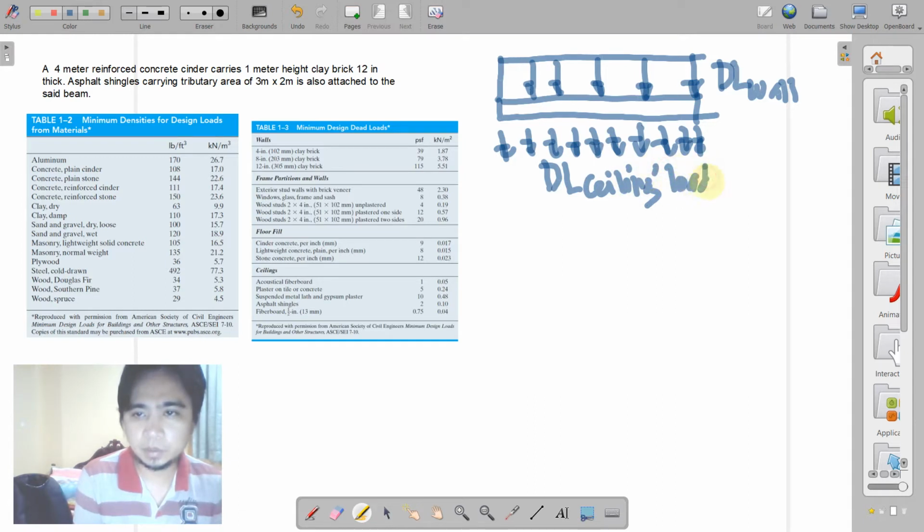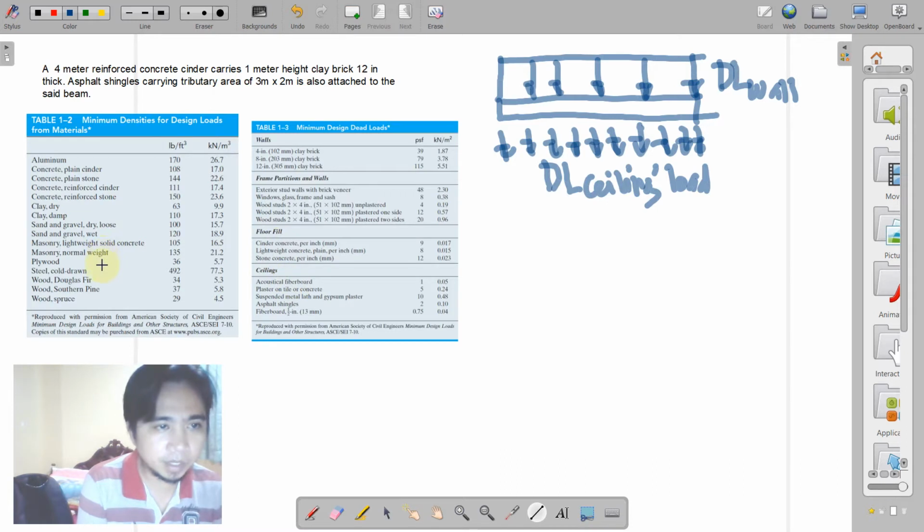So all we have to do is look into the table. First we will proceed to the clay brick. The clay brick in the table is under walls. It is actually 12 inches, which is 305 millimeter clay brick.